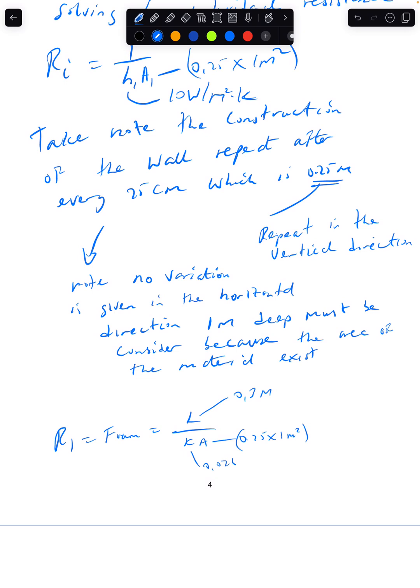Now we move to RO2, which is equal to RO6, which is the plaster, equal to L over kA.